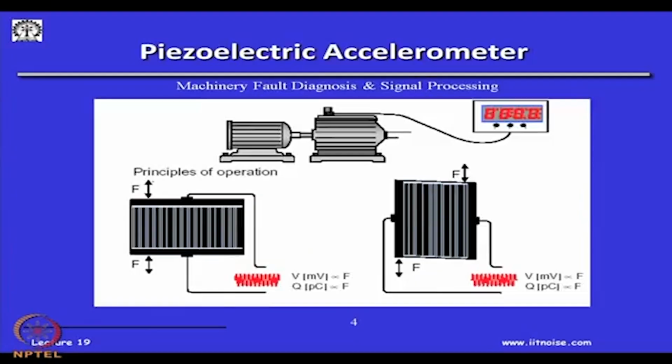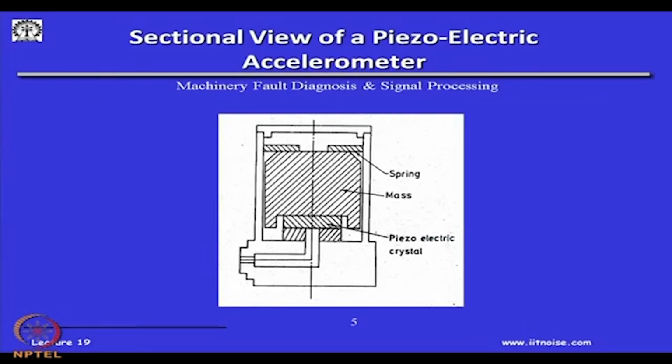We will go to the details of the accelerometers later, but let me just tell you about the other important accelerometers or vibration transducers. This is how the inside of the accelerometer looks. This is the mass which is loading it, and this is the piezoelectric crystal, and this is a tightening bolt, and this whole unit is sealed.